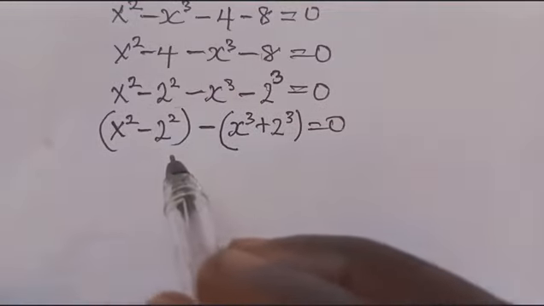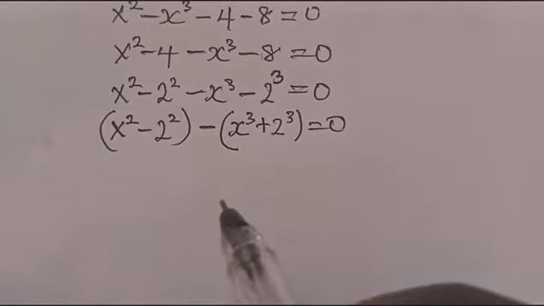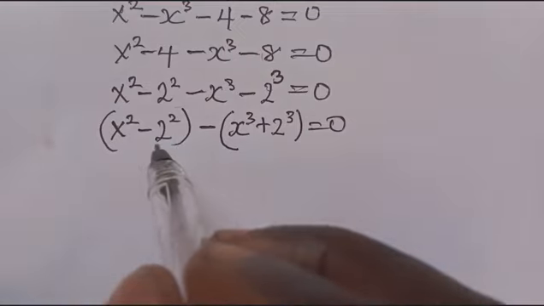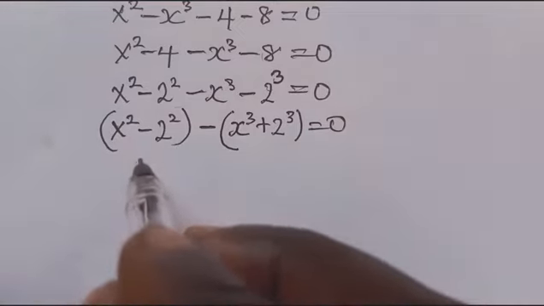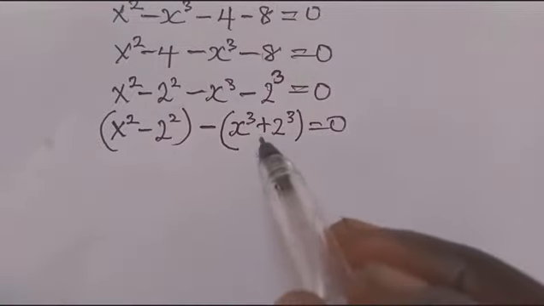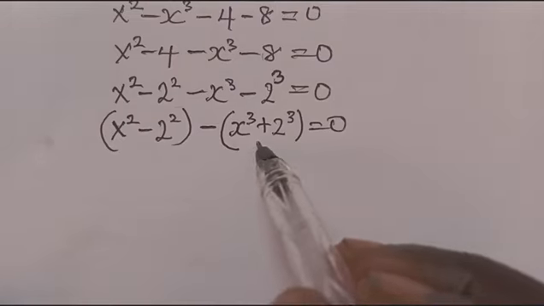If you look at this now, we are having something like difference of 2 squares. Yes, difference of 2 squares. So what you do is to apply the difference of 2 squares. Then when you look at this side, we are having sum of 2 cubes.